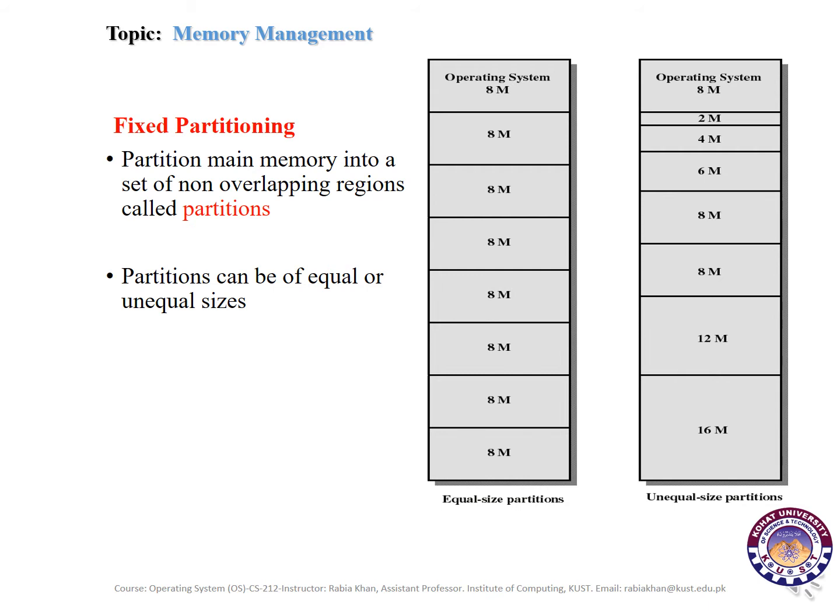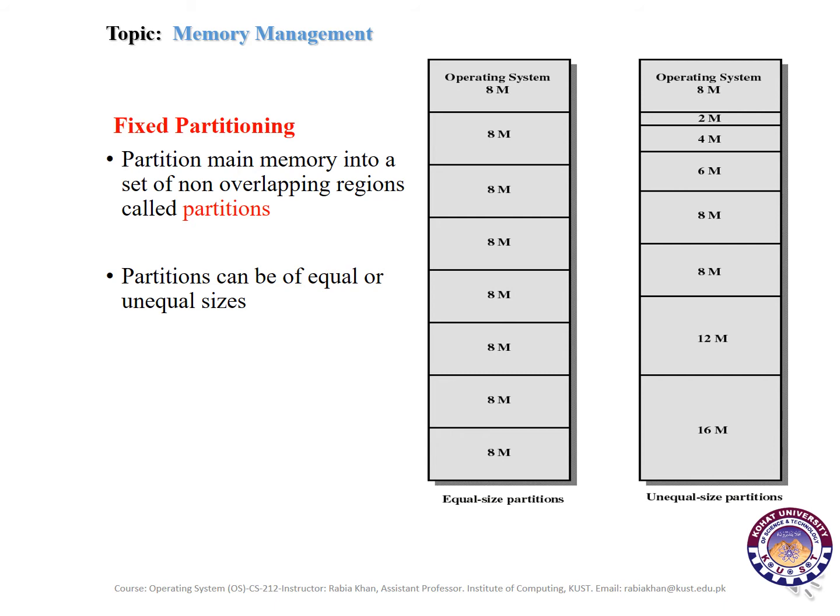You might have created partitions of your memory, so you would have an idea what a partition is. If the RAM has been divided into chunks of regions which are permanent, such a partition is known as fixed partition.